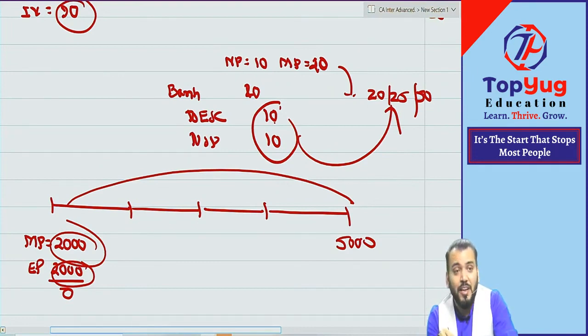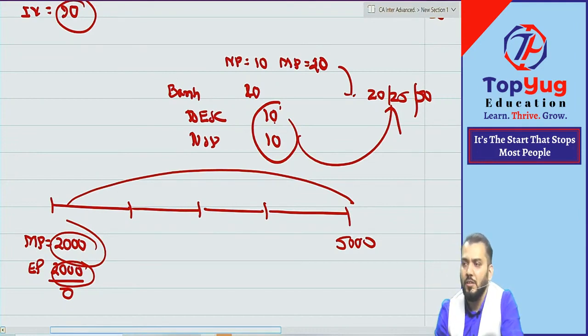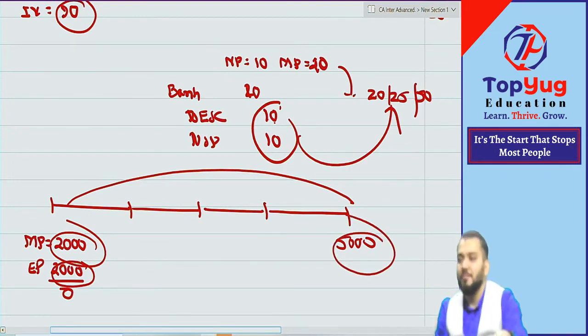Just come to the concept now. If Reliance Industries says I offer you some shares after 3 or 4 years, that you can purchase the shares at rupees 2000 and the market price is 2000, provided you perform some condition, will you accept? Yes, because you know it will become 5000. Now one doubt will come: sir, the value of the right cannot be 0.